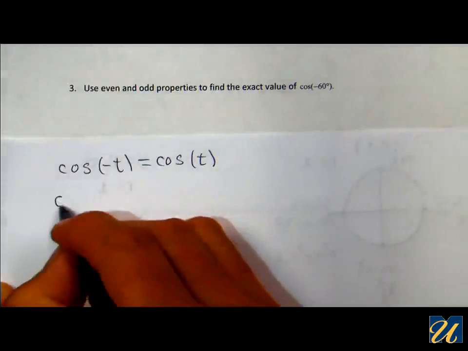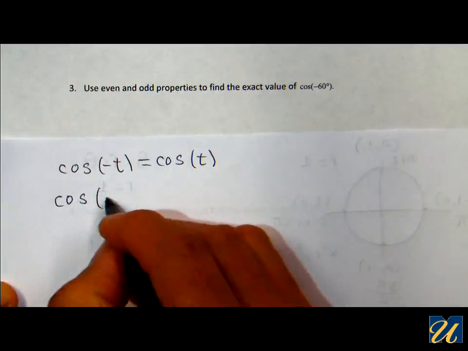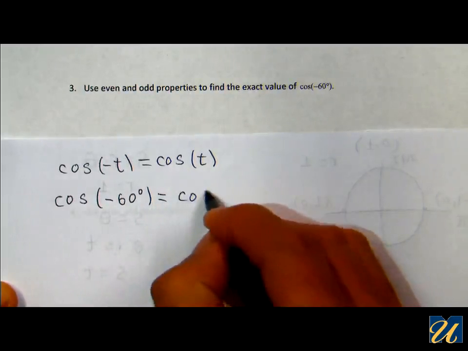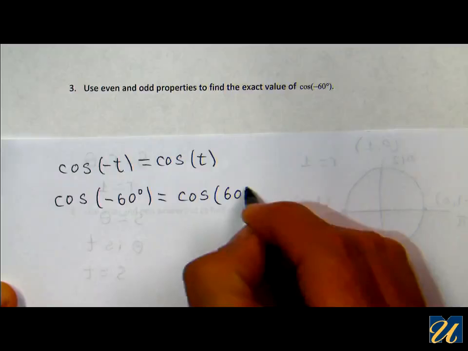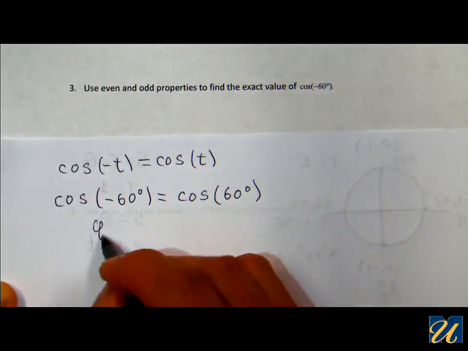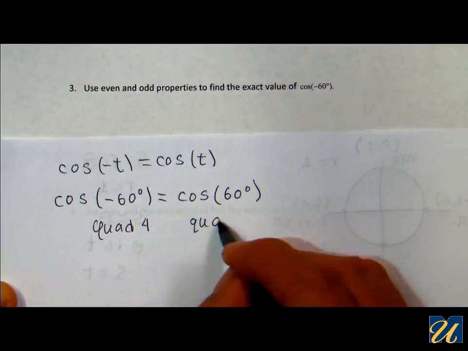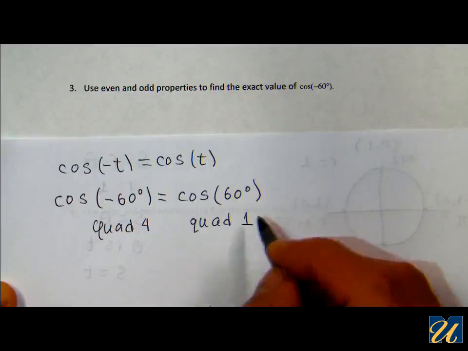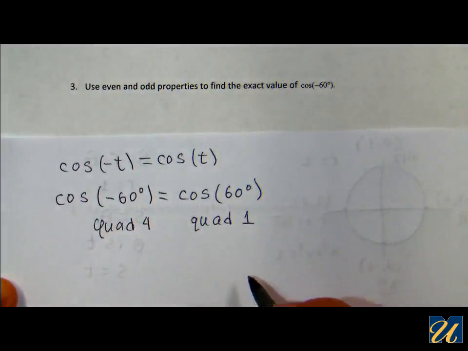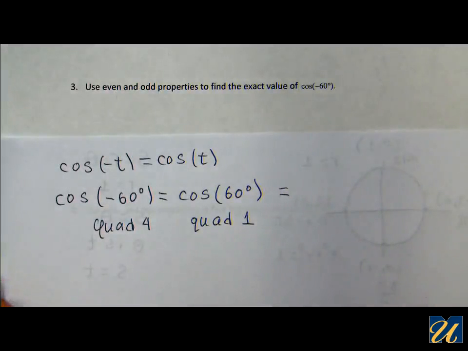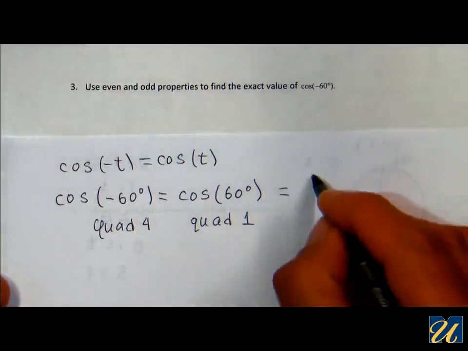So in this example, cosine of negative 60 degrees is the same thing as the cosine of positive 60 degrees. So this would be quadrant 4. This is quadrant 1. But because cosine tracks the x coordinate, they're going to have the same value. So the cosine of 60 degrees is 1/2.